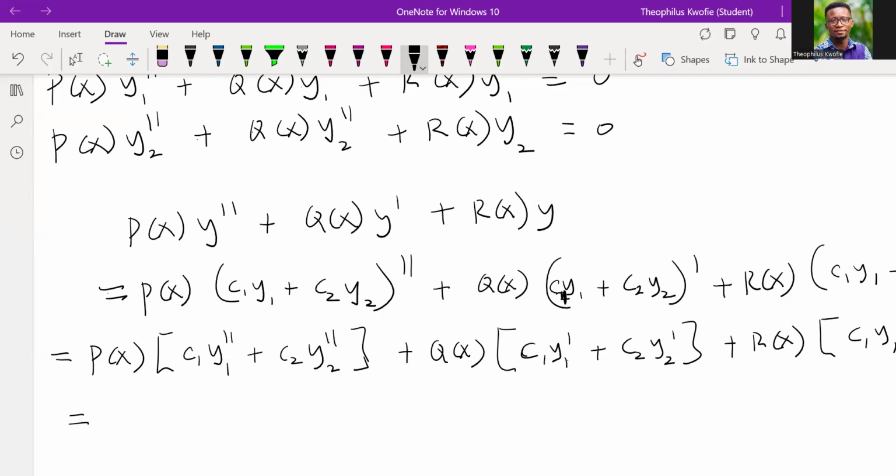If you take your time and do it, we should have c1 outside, and we're going to have p of x multiplying y1 prime prime plus q of x y1 prime plus r of x y1.